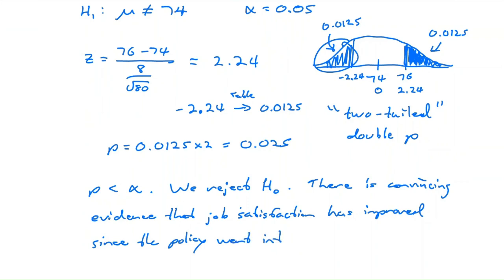Now, I'm being very careful in my words here, into effect, because I'm not saying that the policy caused the job satisfaction. Depending on how they structured this, how they looked at their data, how they went about this, maybe we could make that causation known.